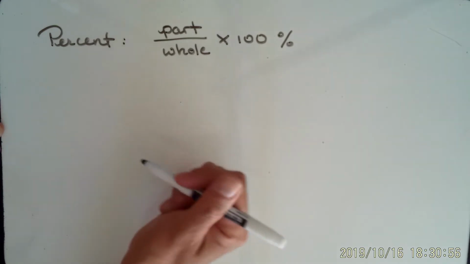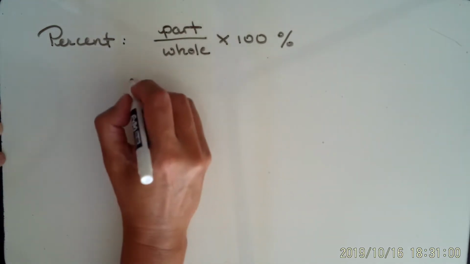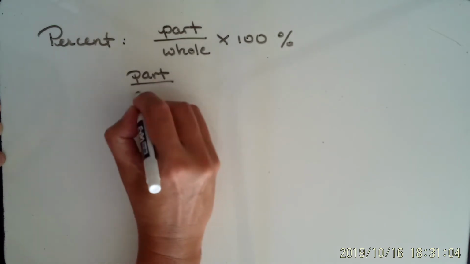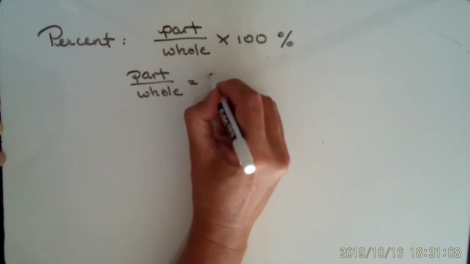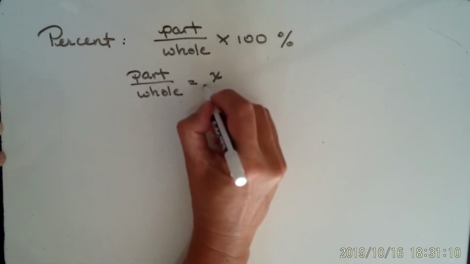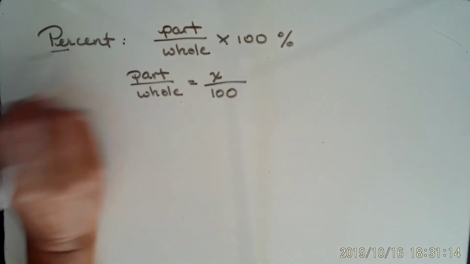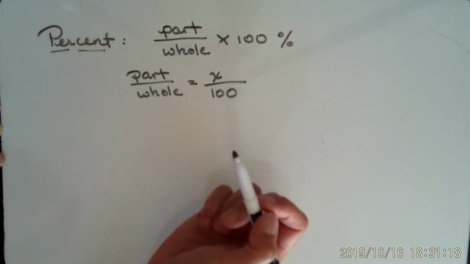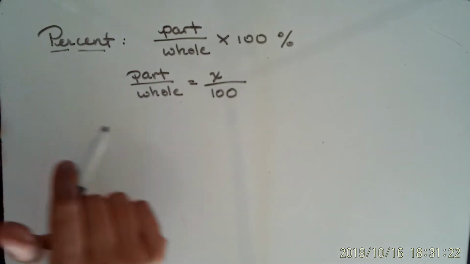So, you could also do ratios, and you could say the part divided by the whole is equal to some unknown divided by 100. Because per, remember, means divided, and cent is 100. So what you're looking for is for every 100.